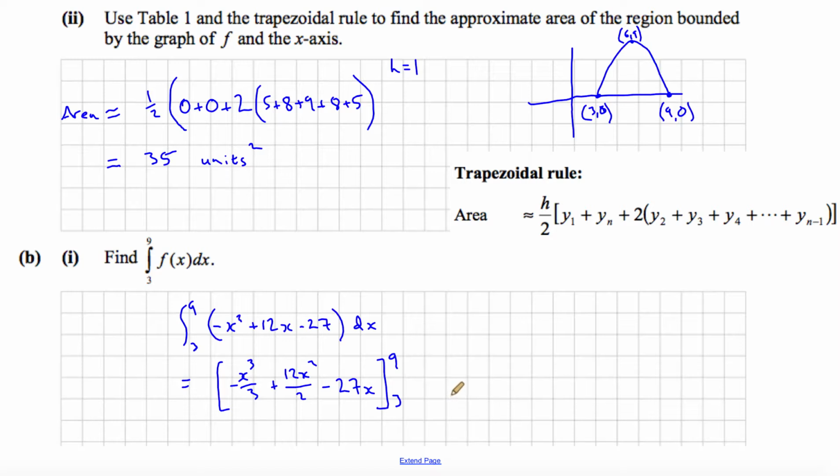We're now going to substitute the 9 value in for x here, here, and here, and work this out. So when I put the 9 in here, I end up with minus 243.